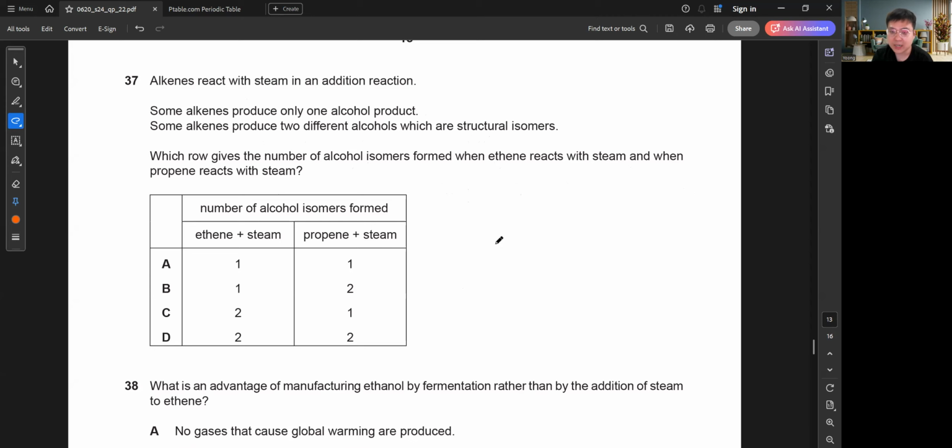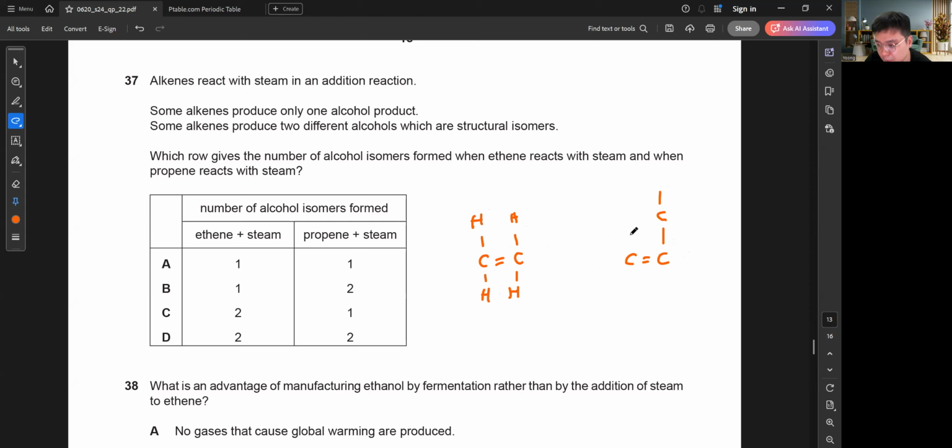So for this one, one example is C, C. At first it has a double bond, and then here we have H, H, H, H. So this is ethene. And then propene, it can have something like that.